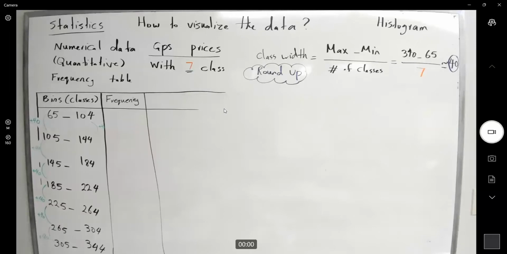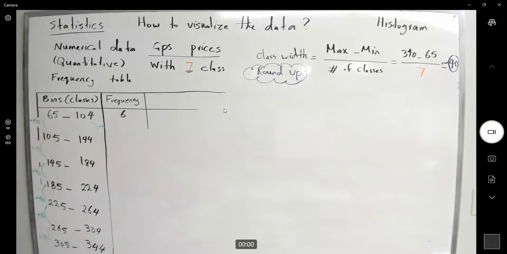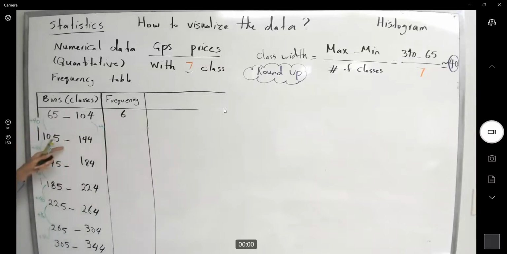If you continue this process, the frequency or the count is 6. And find the frequency of the next class. By doing the same process, the frequency of the second class is going to be 9.